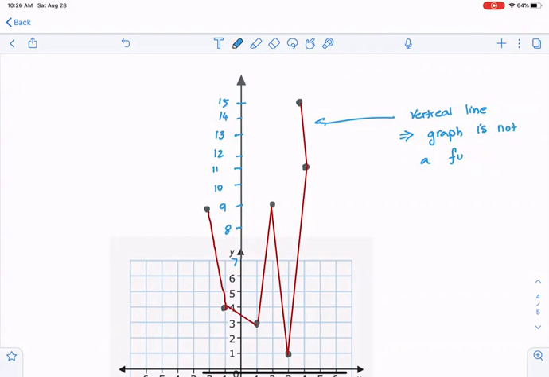So we have a vertical line, then it is not a function.